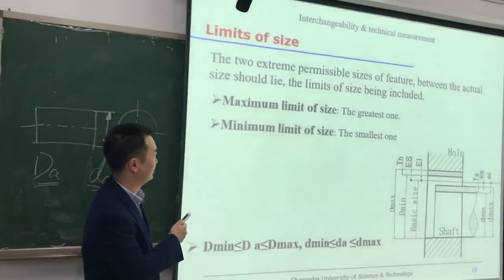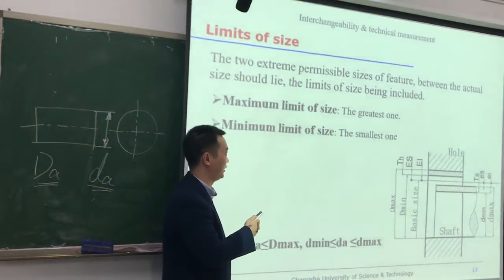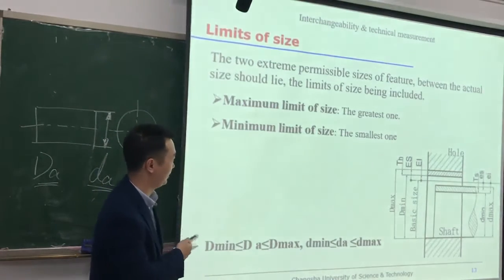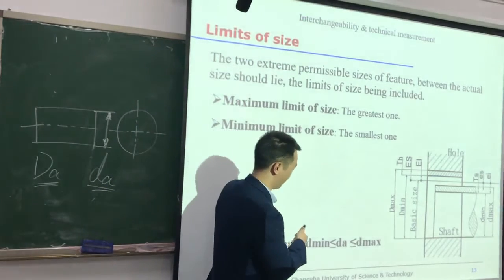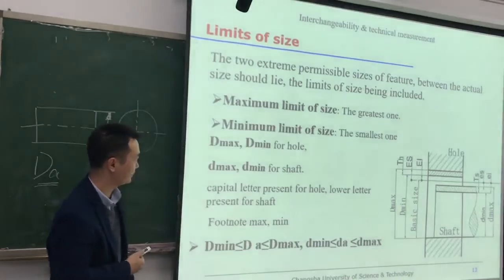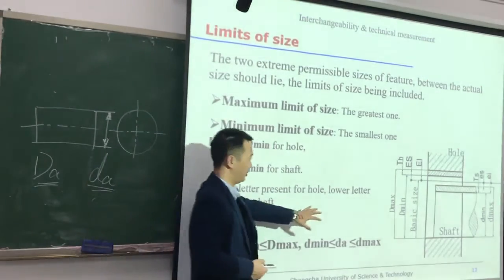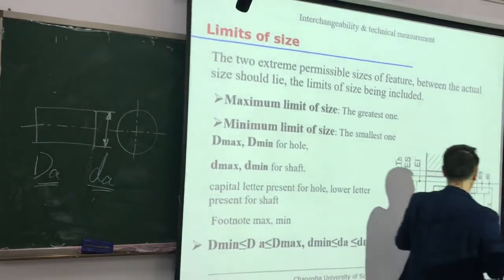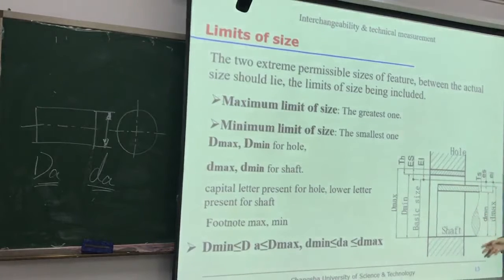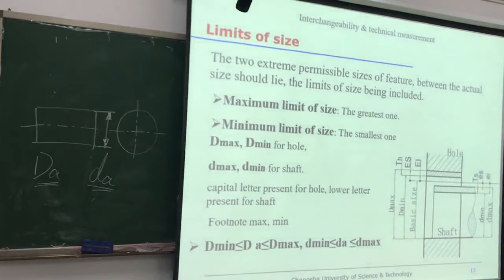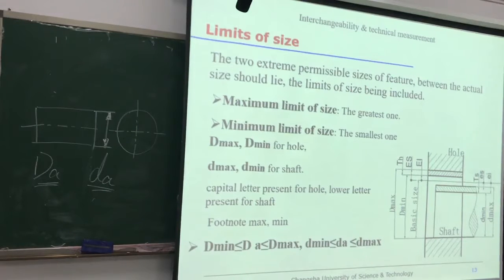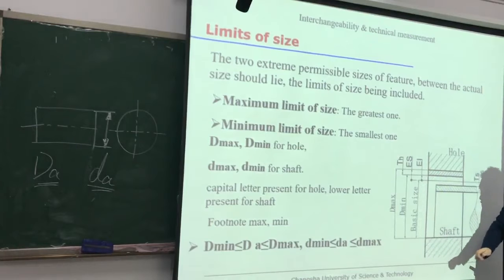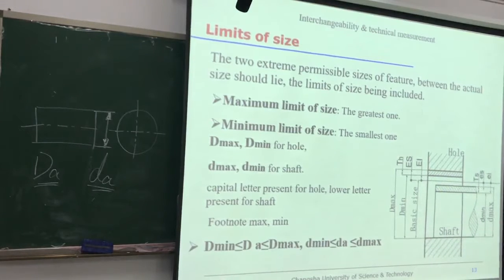The maximum limit of size is the greatest one, and the minimum limit of size is the smallest one. We use this illustration to help you understand it.